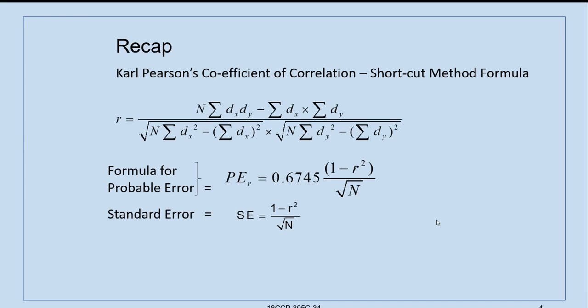The assumed means deviation method is generally followed in Karl Pearson's coefficient of correlation, as it is very easy to work out because the calculations will be simplified to the maximum. And we have also seen what is probable error and what is the formula for calculation of probable error, and what is standard error and the calculation of standard error.